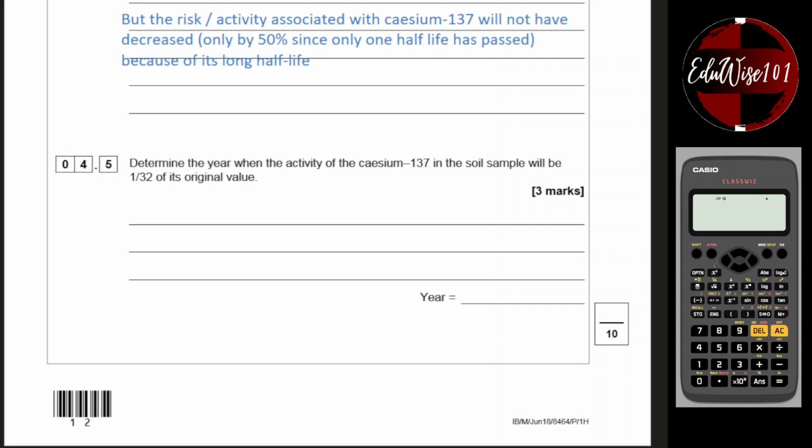Question 4.5. Determine the year when the activity of the cesium in the soil sample will be 1/32 of its original value. Right, now, there are different ways of doing it. I'm going to show a simpler method.